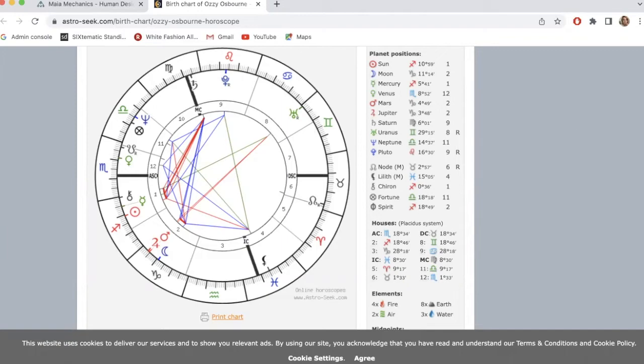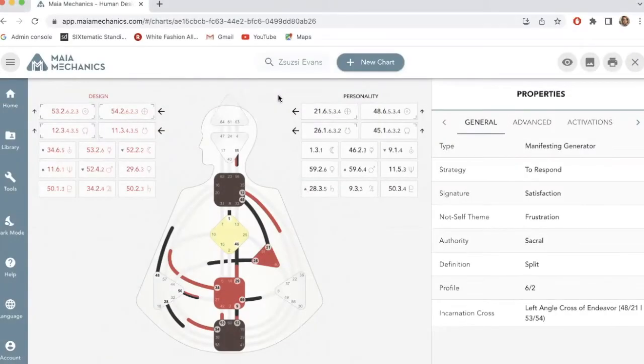Let's take a look. So for this example, I'm actually going to use my chart. So I'm a 6-2 split definition sacral manifesting generator on the left angle cross of Endeavor. Nice to meet you all. And this is a typical body graph that I use anytime that I do a reading for celebrities or anything like that.